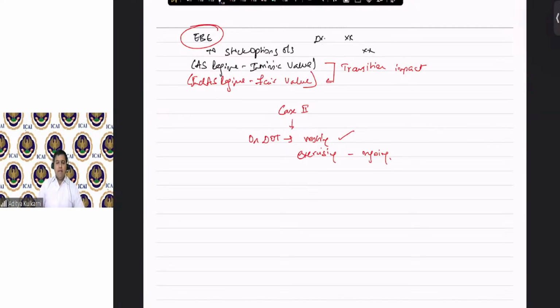On the date of transition, will I have any further employee benefit expenses to be booked?